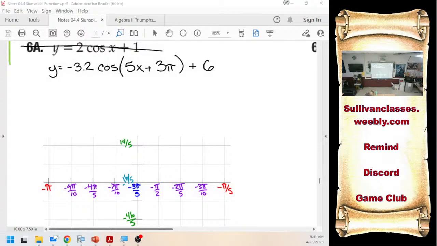Because 3.2 is 32 over 10. Reduce it. You want 6 in the middle one.